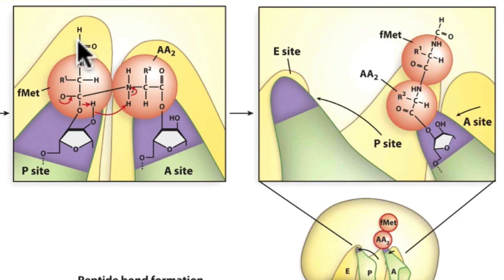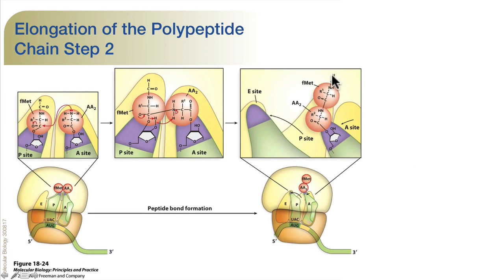And the growing polypeptide is transferred from this transfer RNA in the P site to the one that's in the A site. So now the A site containing transfer RNA has the growing polypeptide chain, which is emerging here through the ribosome.